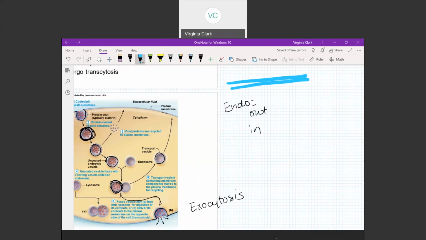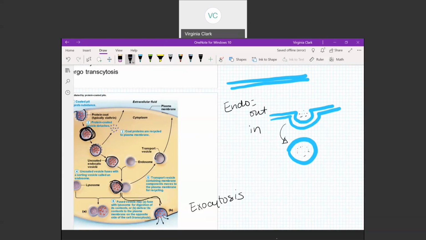Your plasma membrane will bud into little tiny packages, and it will bud around all of the stuff, and it will essentially create this little package with all of the items in it. So that was how you'll do endocytosis.